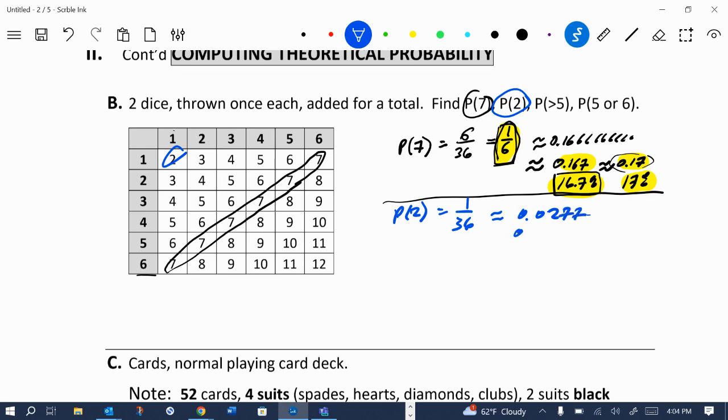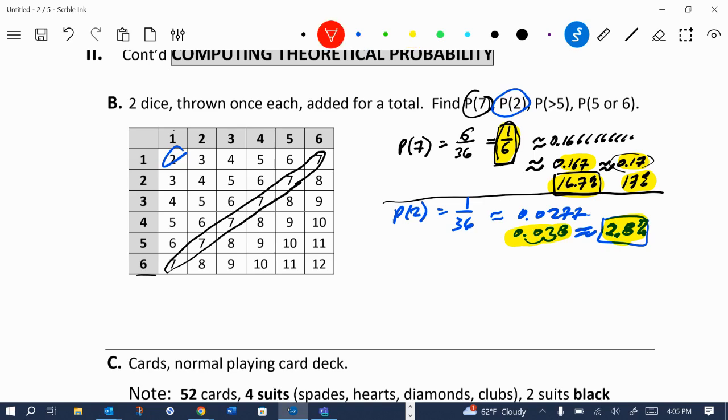At some point, I need to make it 0.028 or 0.03. If I make that a percent, I would have 2.8%, which even though it's close to 3%, I think adding that extra 0.8 is probably a good idea. But I'd accept 3% myself. So I'm going to leave this one as those numbers.